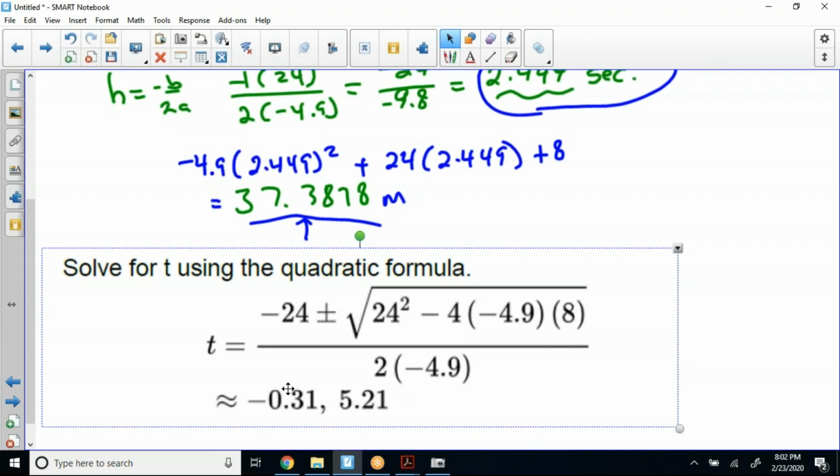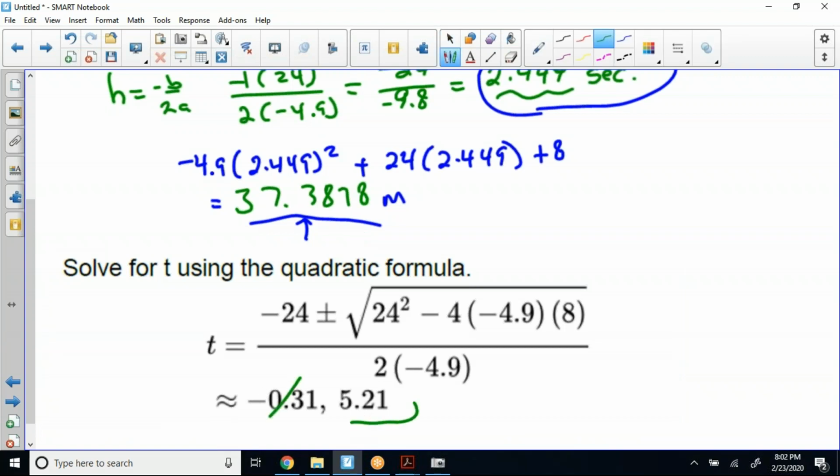Of course, you can't have negative time, so this answer goes away, and it'd be 5.21 seconds when it hits back on the ground. Okay, so that one, you need to know how to do evaluating quadratics, change them back into both forms, stuff like that, and solving them. So that's a good problem.